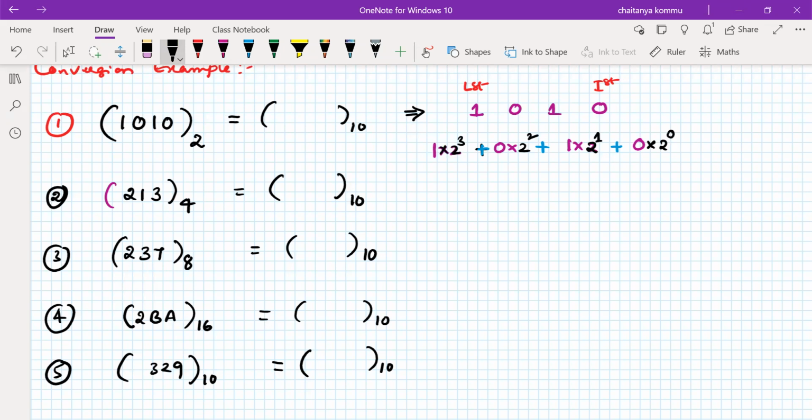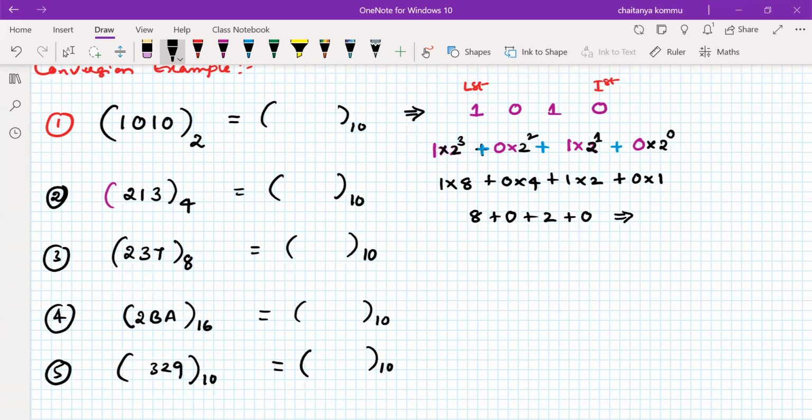So what is the value? Anything power 0 is 1, so 0 into 1, plus 1 into 2, plus 0 into 4, plus 1 into 8. So this is 8 plus 0 plus 2 plus 0.